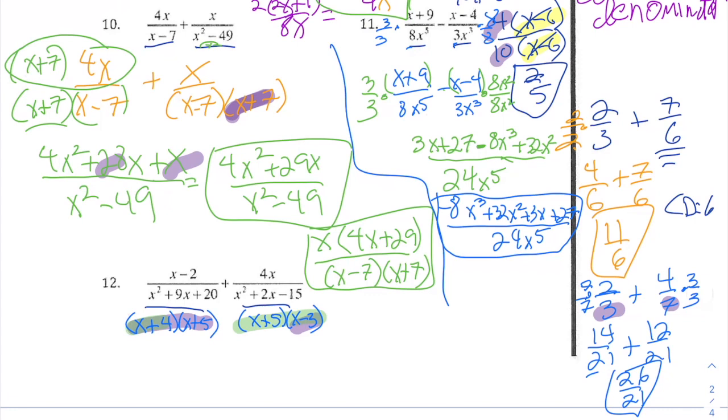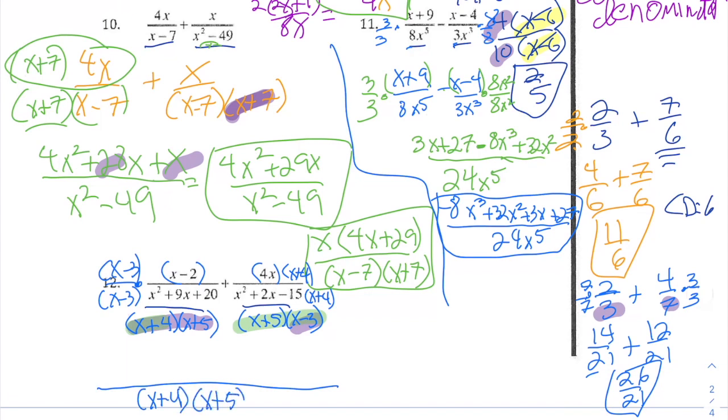So now I multiply this expression by x minus 3, and this expression by x plus 4. So my common denominator is going to be x plus 4 times x plus 5 times x minus 3. And my numerator, just for now, I'm going to rewrite it. I'll do the work later.